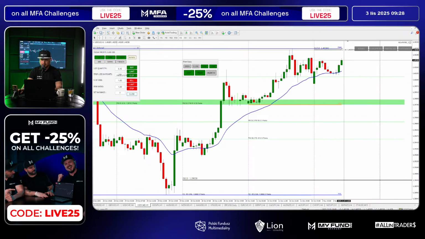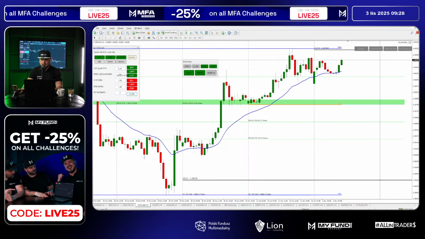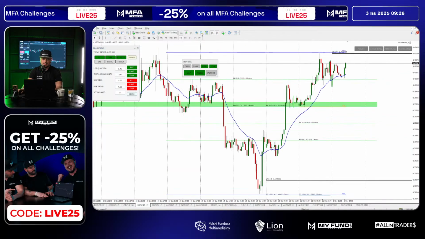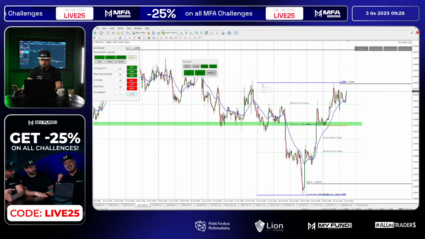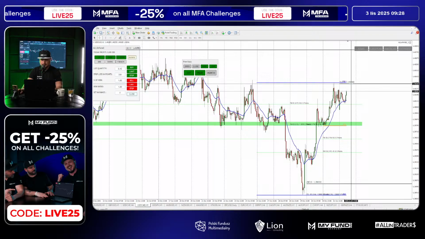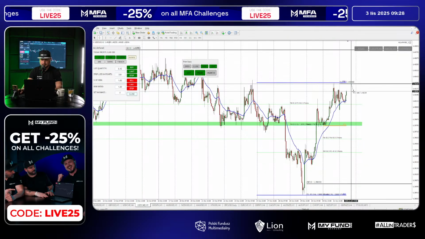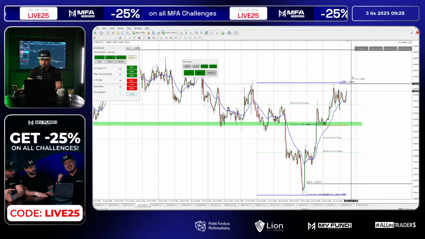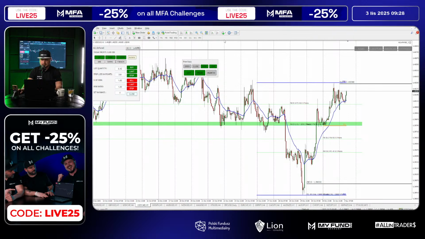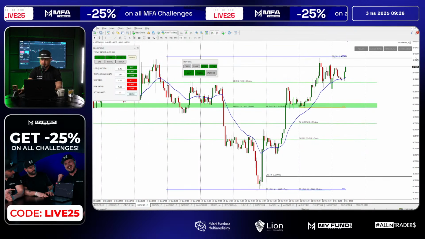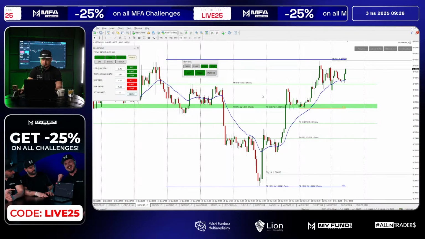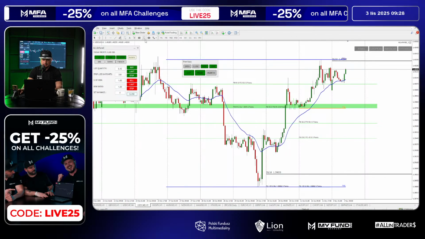But because we got previous day and previous week highs over here, maybe we're gonna set order for reaction at this area. 10 pips. This might be a little bit risky because we don't have any cluster at this moment.